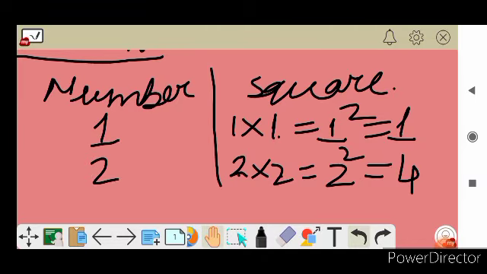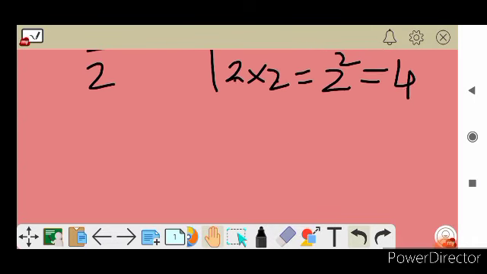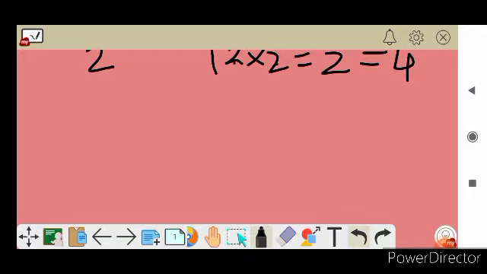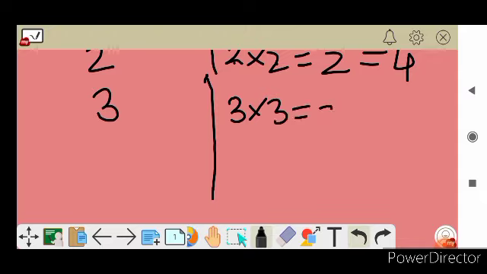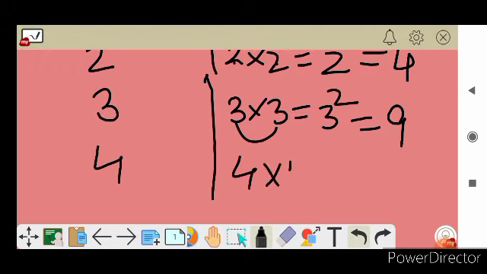Next, number 3. 3 multiply 3 equals 3 square, raised to power 2, we call it 3 square. 3 multiply 3 means 9. Next number is 4. 4 multiply 4 equals 4 square, which is equal to 16.